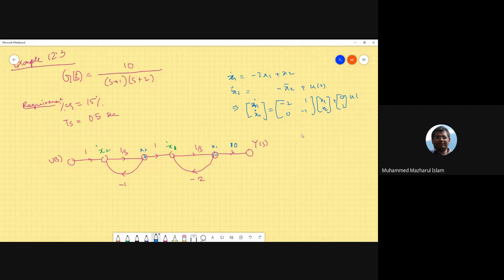So in order to get the controllability matrix, we need A and B. This is my A, this is my B. So CM would be the controllability matrix.